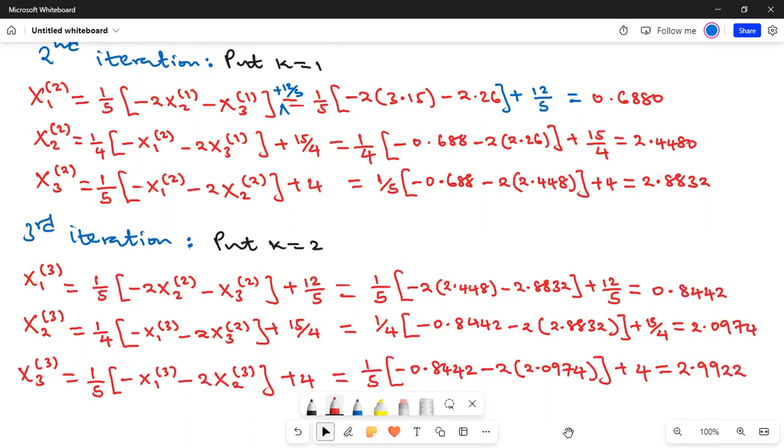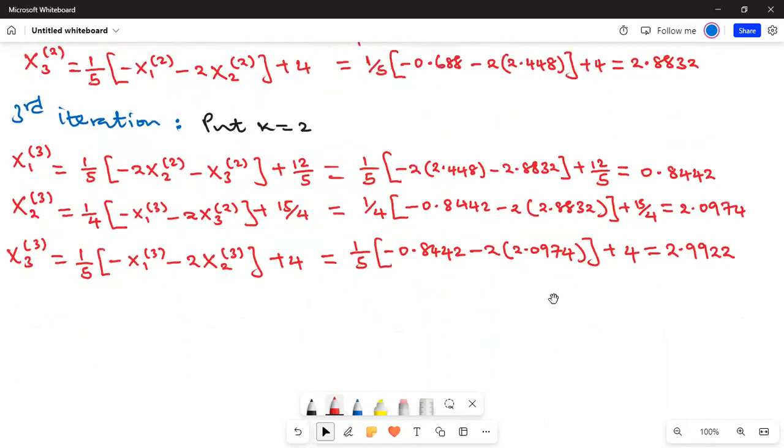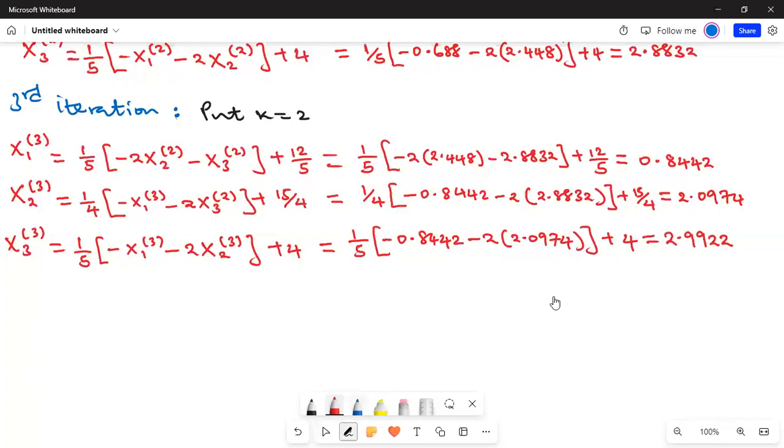And therefore, because we are only asked to perform 3 iterations, it means this is the value of x1, approximate value. This is x2. This is x3. You can compare with the exact solution.